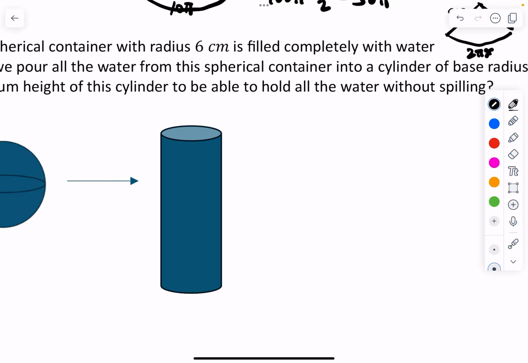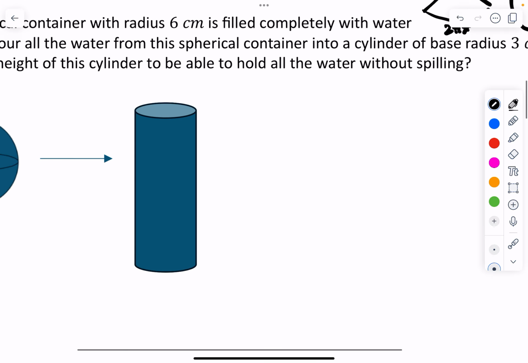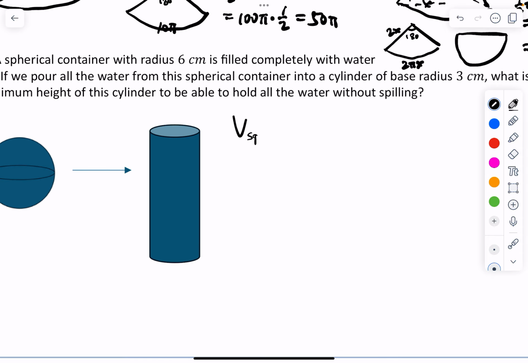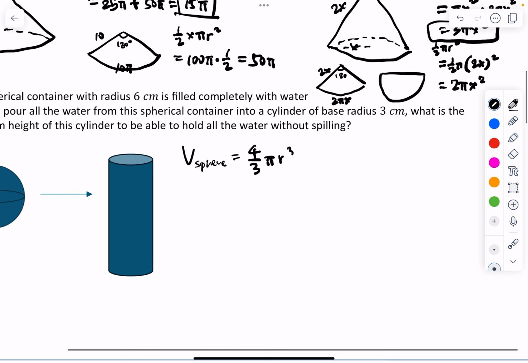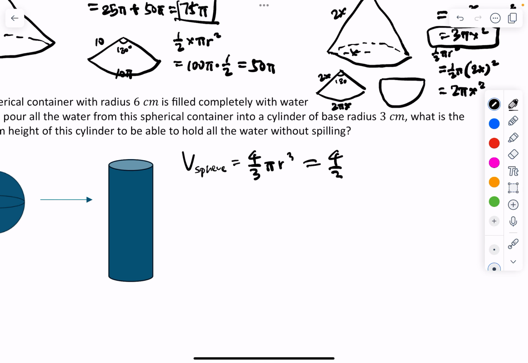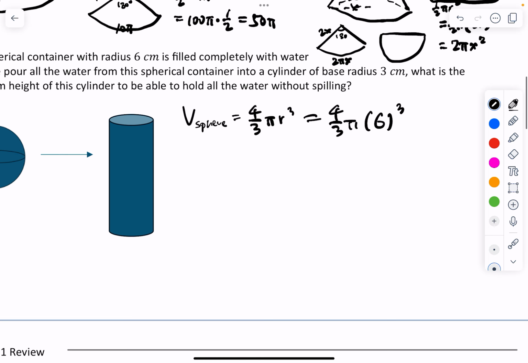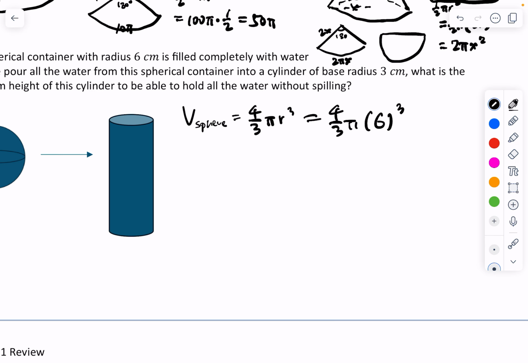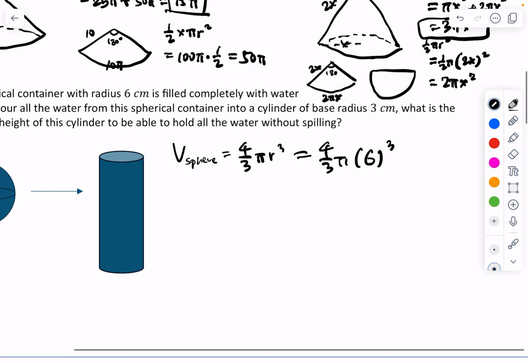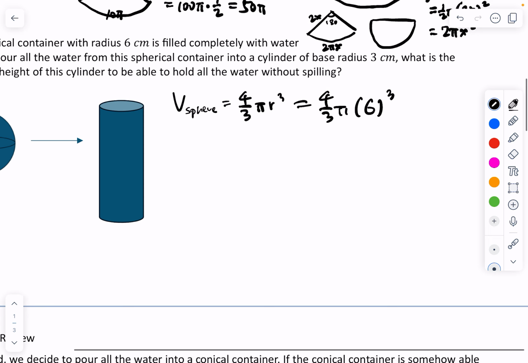First of all, let's find the volume of the sphere. So volume of the sphere from your formula is equal to 4/3 pi r cubed, which is equal to 4/3 pi times 6 cubed. And you do not want to expand 6 cubed first, but instead, you should try to cancel out factors to make your life easier, right?